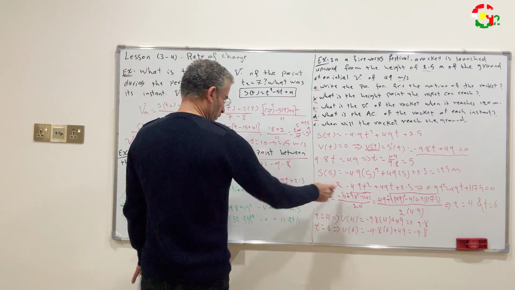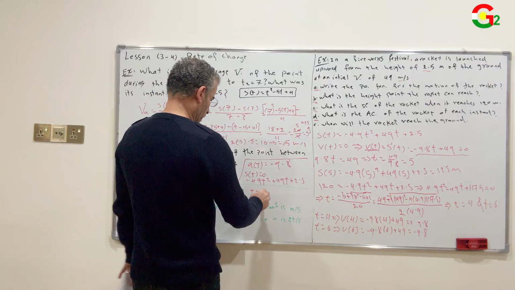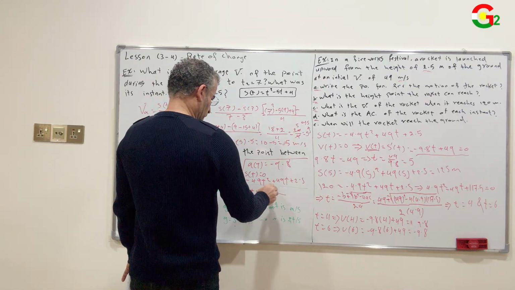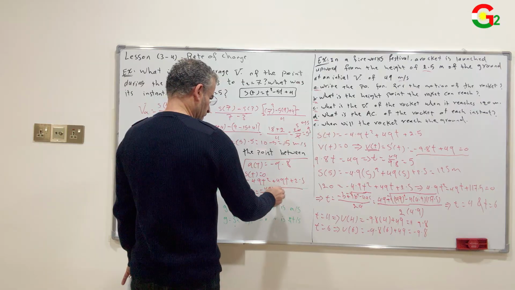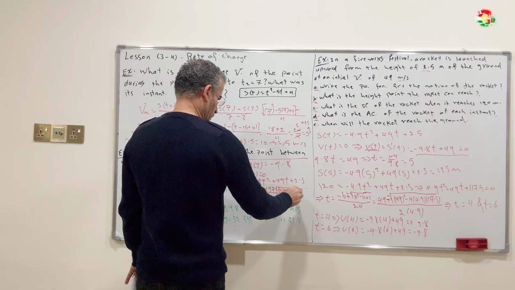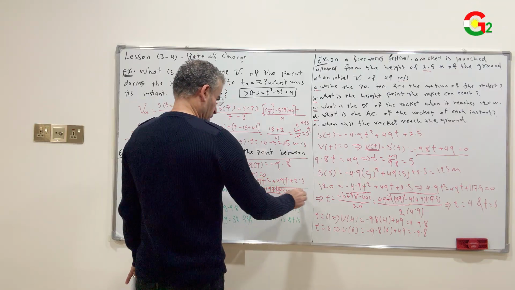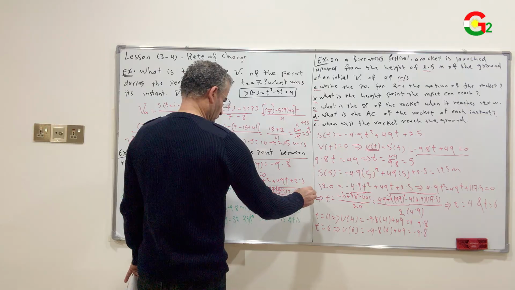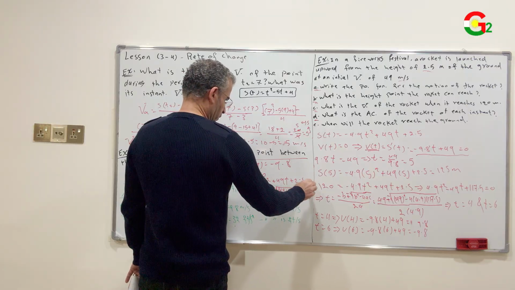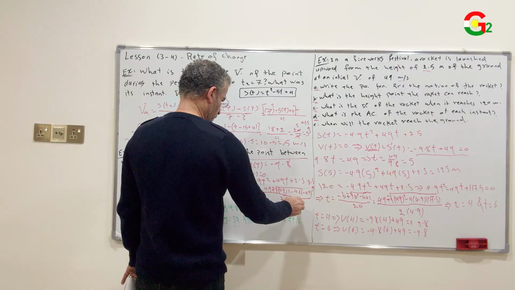Use the quadratic formula to find t equals negative 49, plus or minus the square root of 49 squared minus 4 times a, negative 4.9, times 2.5, over 2 times negative 4.9.